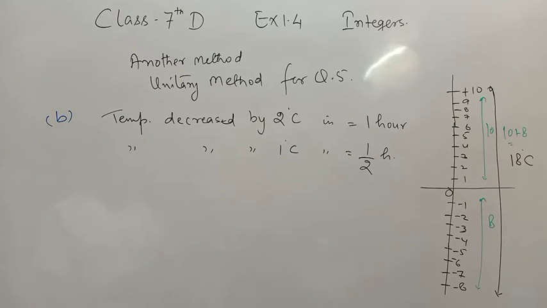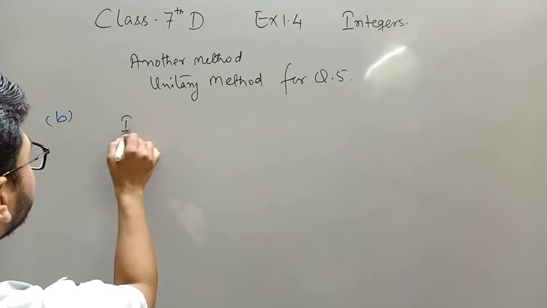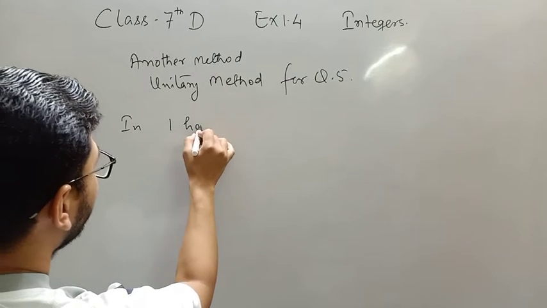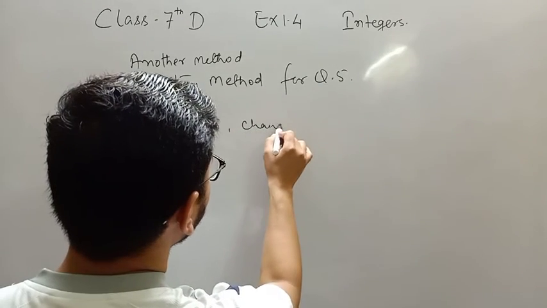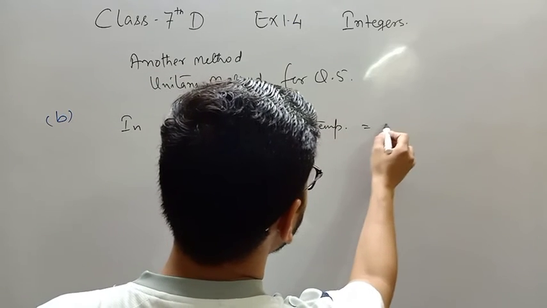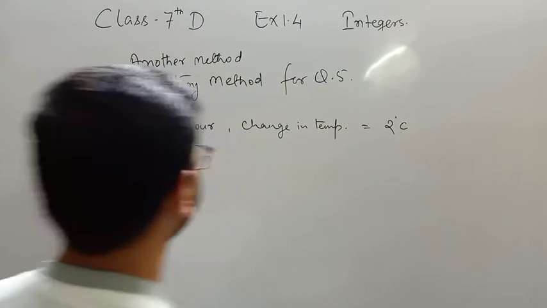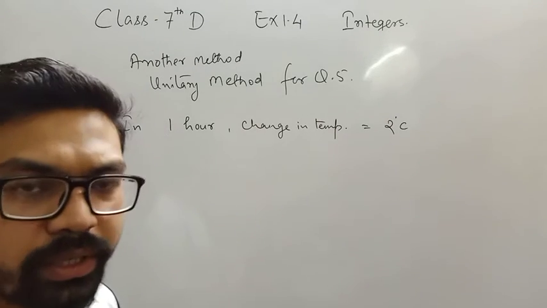Now in this case you just need to find the degree Celsius. In 1 hour change in temperature is equals to 2 degrees Celsius, or you can write minus for representing decrease in temperature.